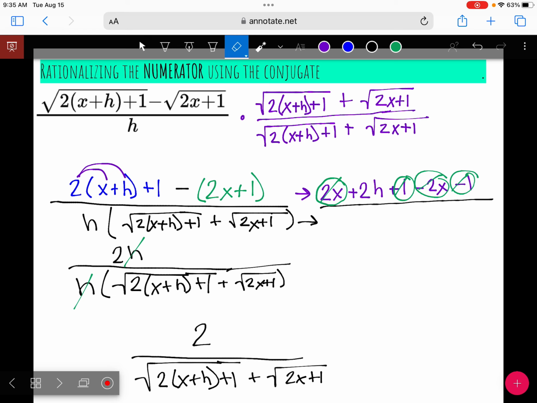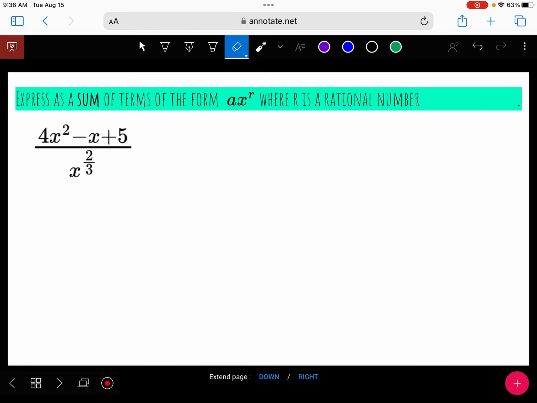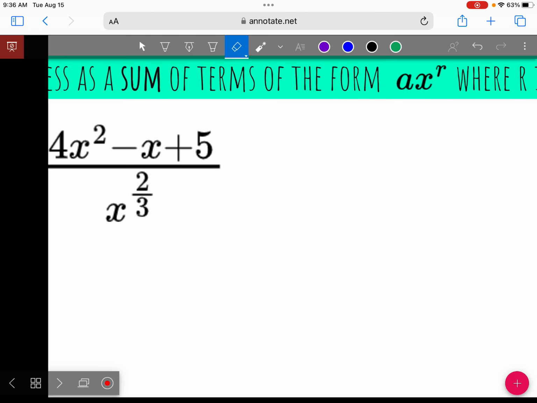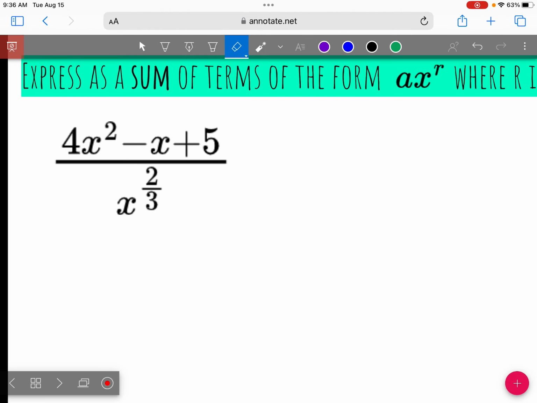Okay. How are we feeling about our conjugate? Okay. Because the last two pieces on the homework feel like they're coming way out of left field. Like they feel really, really different. Okay? Because there's no conjugate. Express as a sum of terms is what this says.